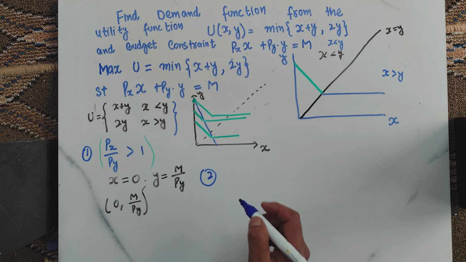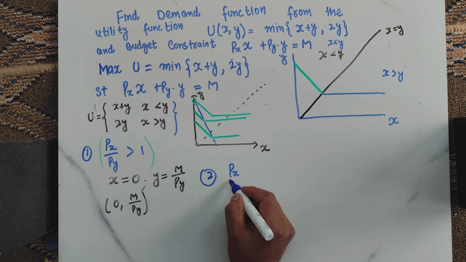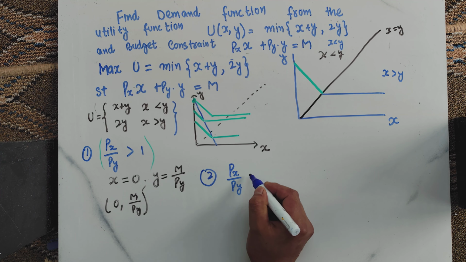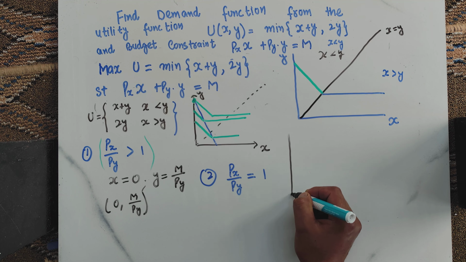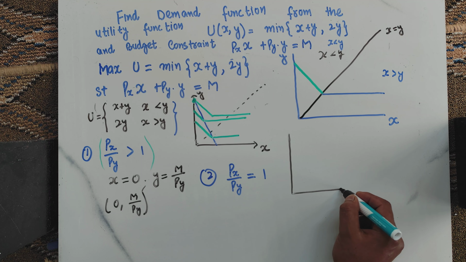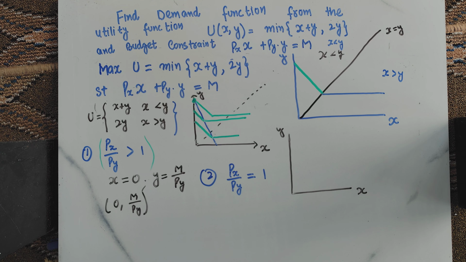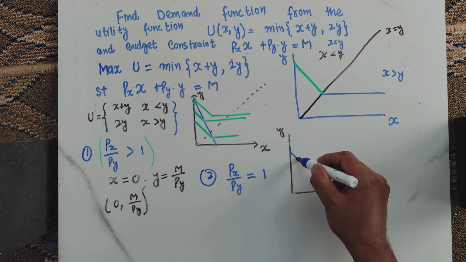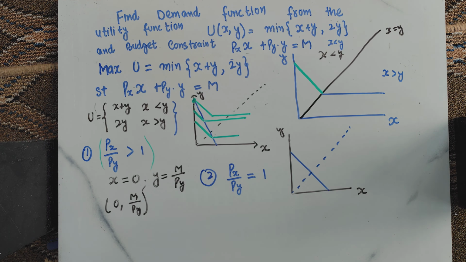The second case can be if the slope of the budget line, px upon py, is equal to 1. Okay, what happens at that point? Let me try to draw the indifference curve for that also. We have good x on the horizontal axis, good y on the vertical axis. In this case we have this kind of budget line, and let's draw this also.